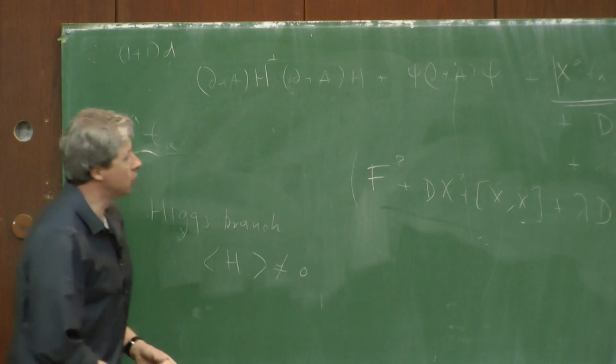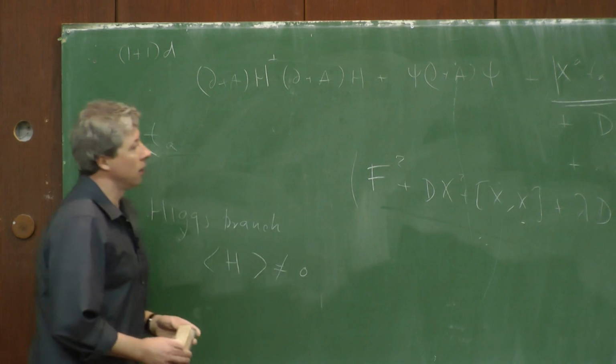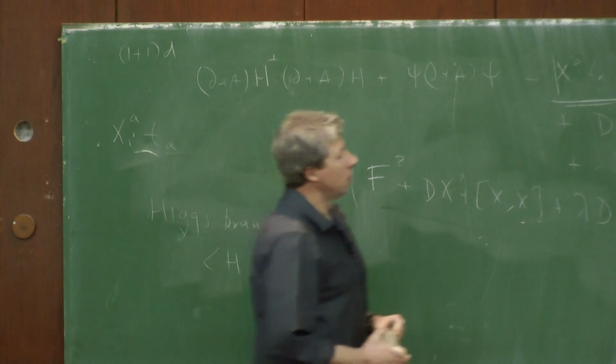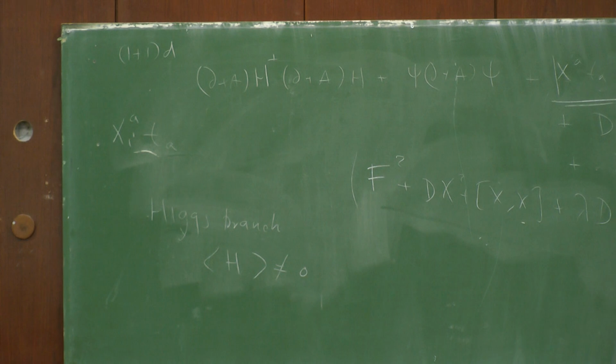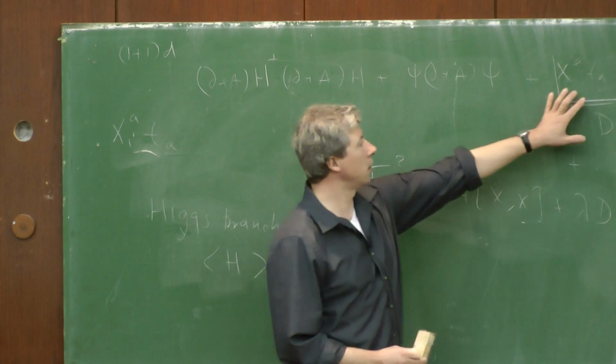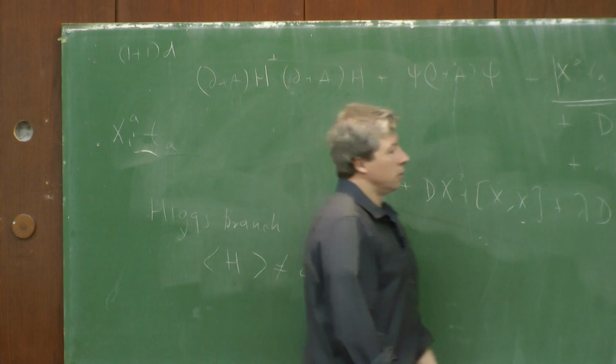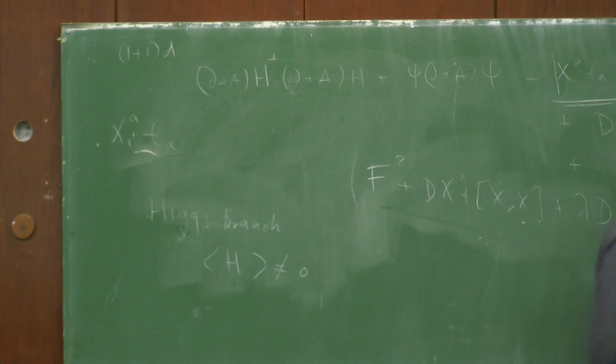And that means you induce a potential for your variables X. And this is why we are looking at the bound state. Because if your position variables are being stuck to a certain point, and that's precisely what's happening here, then if this is non-zero, the D0 branes are drawn towards the D4 brane and are stuck on it.